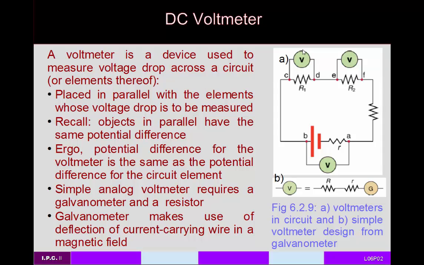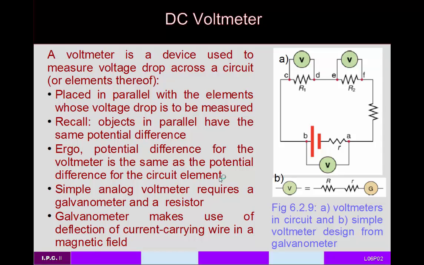Ideally, you'd get the measurement without pulling any current out, but of course you have to have some current in order to make the measurement to begin with. So you pick a very large internal resistance for this voltmeter, which means that the voltage drop for both is the same, but the voltmeter takes a very small amount of the current because it has a very large resistance compared to all the other resistors it's placed in parallel with.